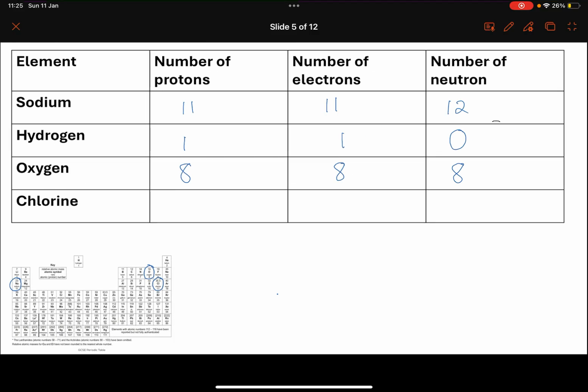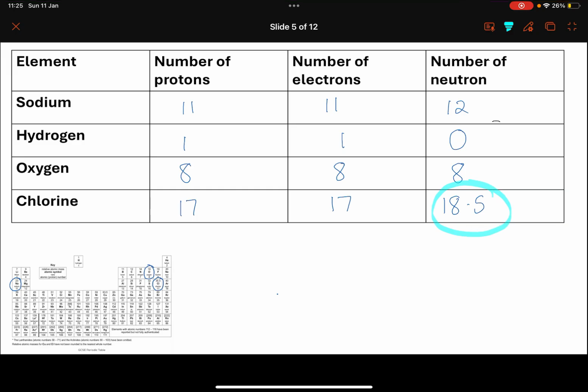So we're going to do our protons, which will be 17, electrons 17, and then our neutrons 35.5 minus 17 is 18.5. Now you do get a calculator, guys. There's no bonus points for working out mental maths, and remember you are in a high pressure situation in an exam, so always best to check it with a calculator. Now the reason I've put chlorine as the last one is this number here.